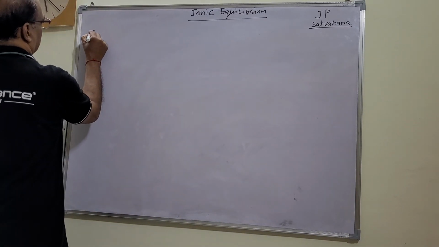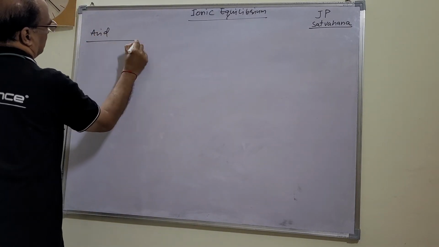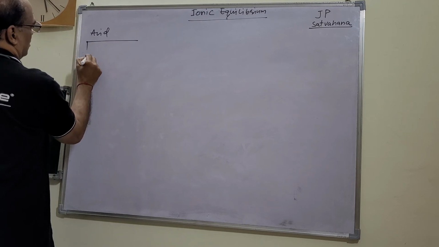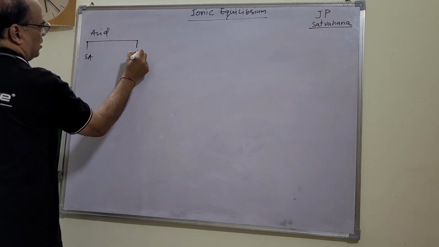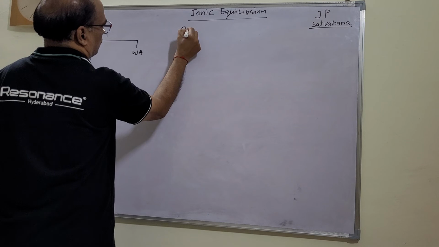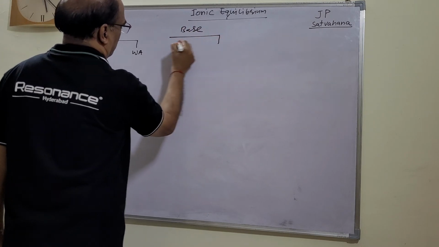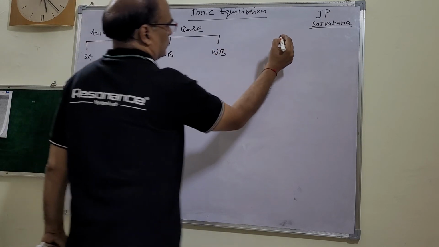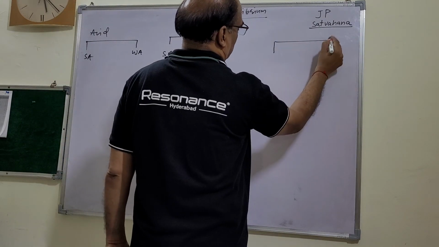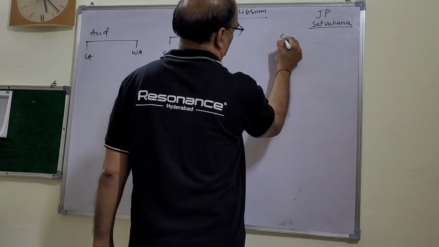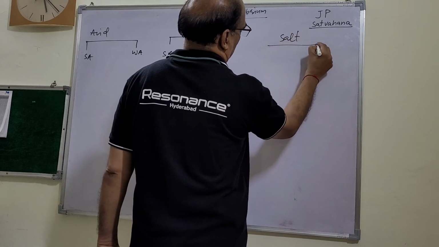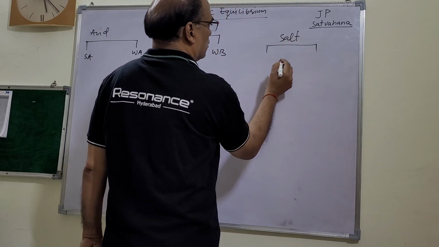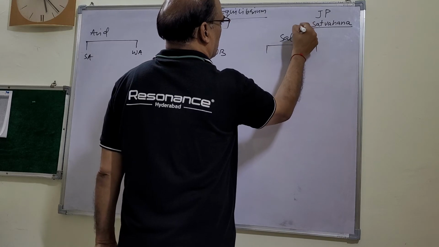So acid, two category: strong acid, weak acid; again base, two category: strong base, weak base. Third is salt, no category, salt. Few things to remember: salts, star mark.